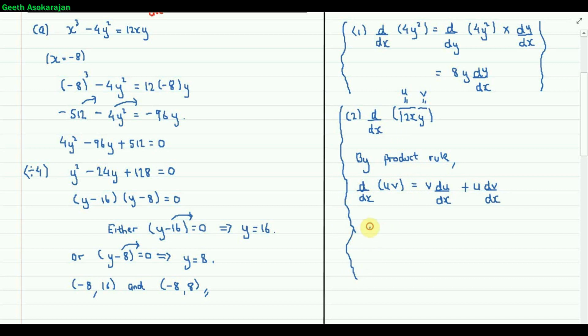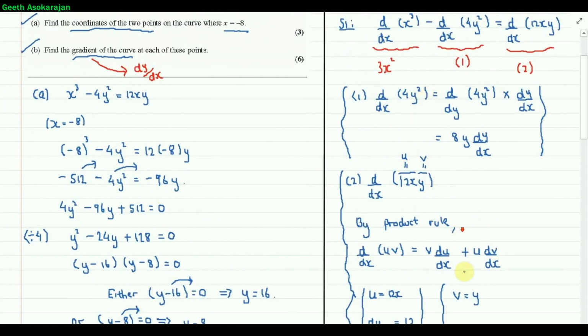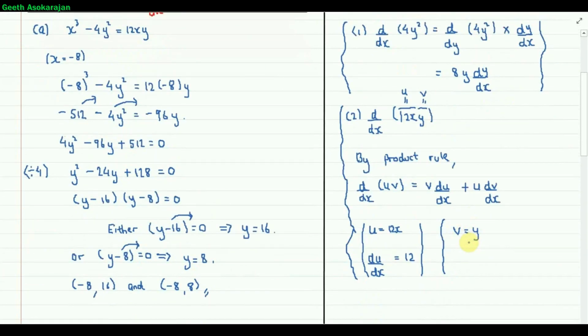Now, I've chosen that to be the first term, 12x, and with the product rule we need du over dx. So du over dx, when I differentiate 12x, is simply 12. So we certainly need that. V on the other hand is y, I've chosen that to be the remaining term y. Now going back to point number 1 earlier, I do have a y term only, so that means that we need to use the chain rule to differentiate with respect to x.